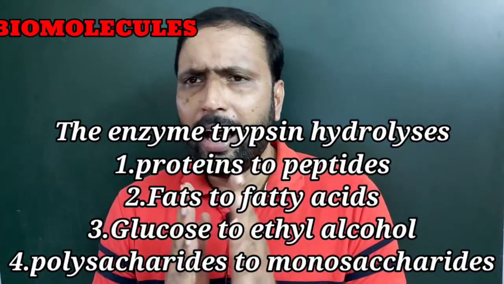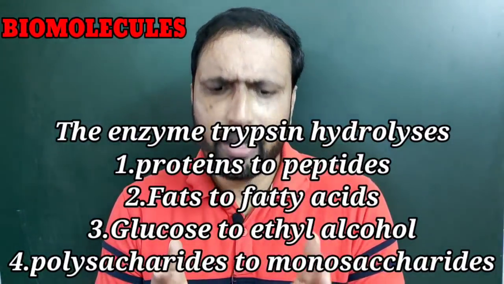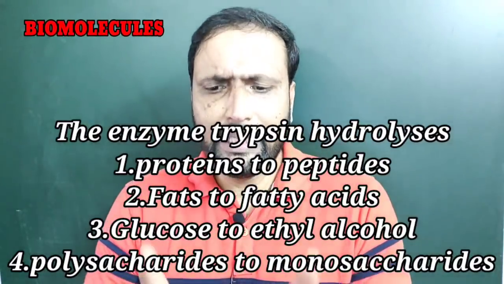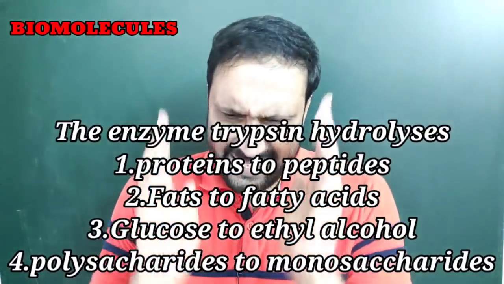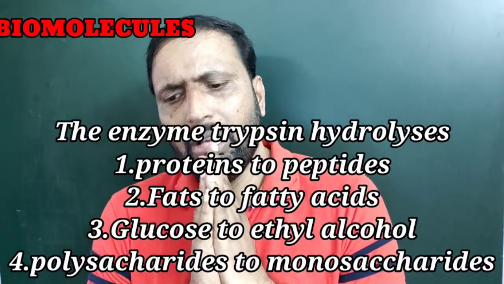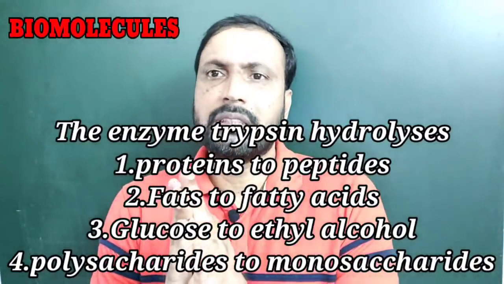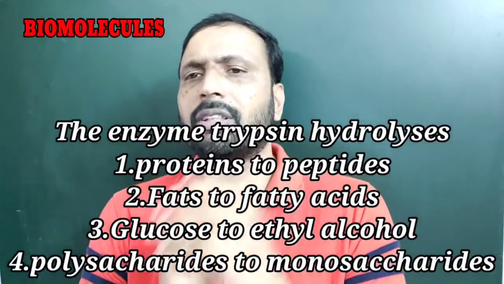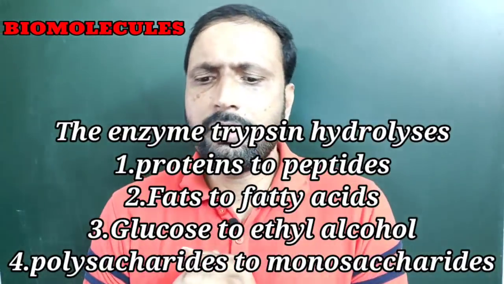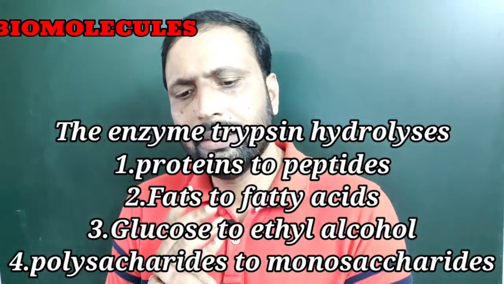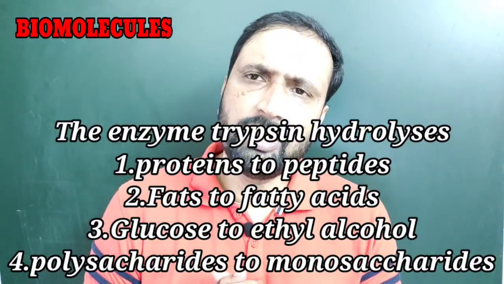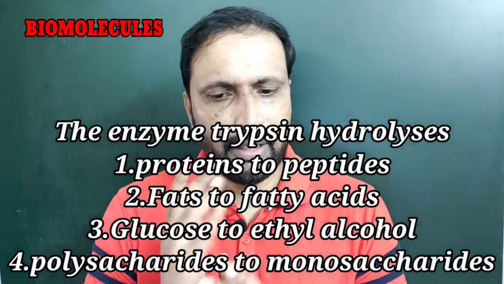Hydrolases catalyze the hydrolysis of ester, ether, peptide, glycosidic, C-C bonds, C-halide or P-N bonds also. It's hydrolyzing the ester bonds, ether bonds, peptide bonds, glycosidic bonds, C-C bonds also, by hydrolysis. So definitely proteins to peptides, answer, first option.